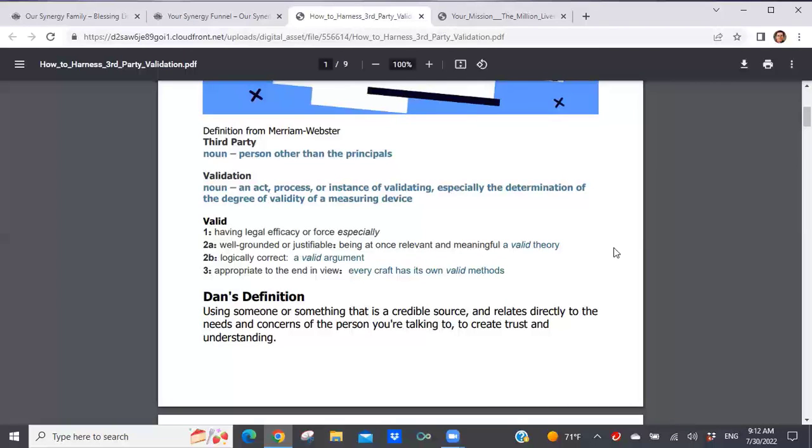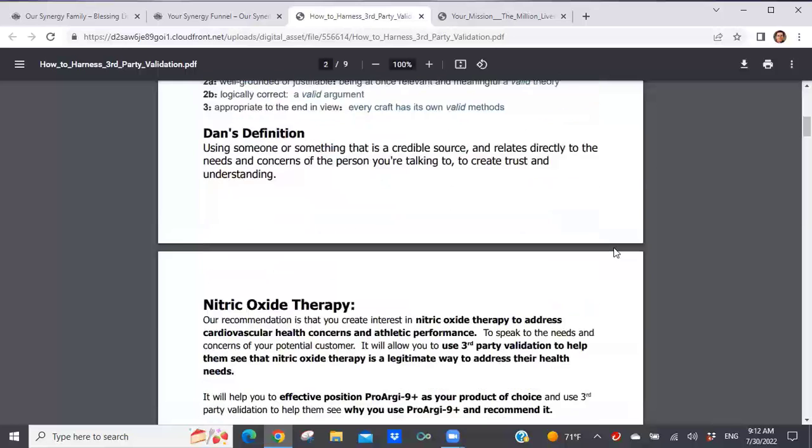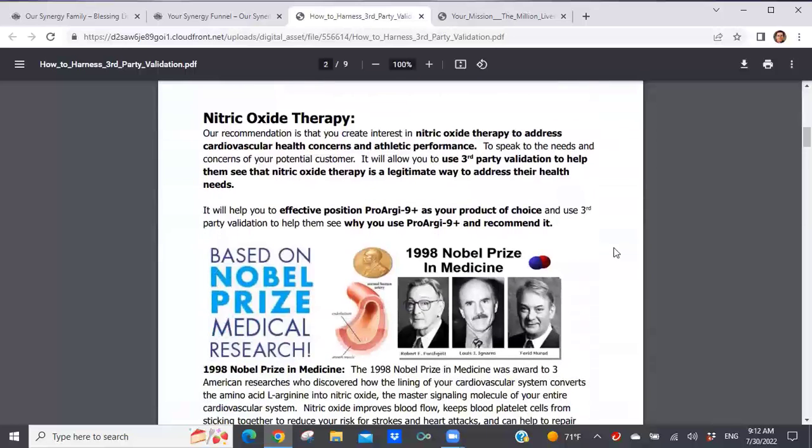So it's learning how to use this technique called third-party validation to help move their interest into wanting to take an action to improve their health, because the message that they're hearing resonates with them and has authority and helps them understand that this is something that is actually real and can be beneficial to them.